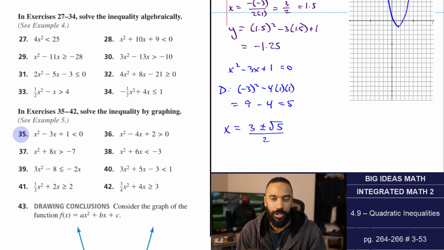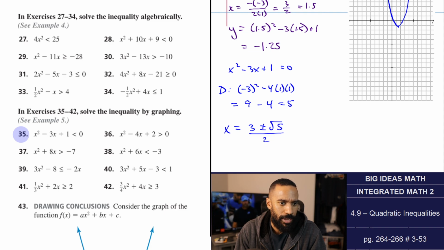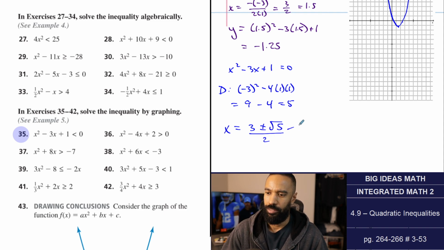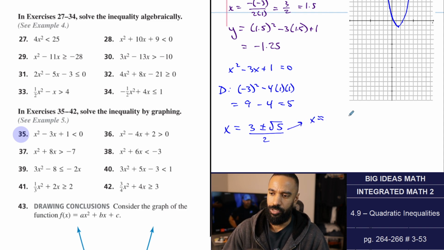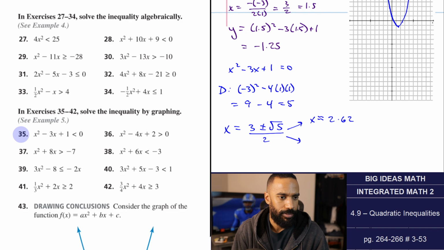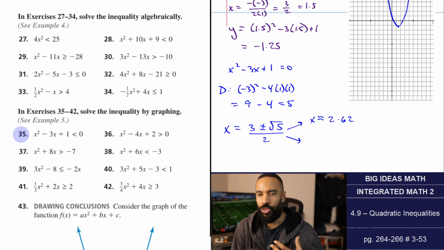It didn't take too long, but I do have to compute those. I'm doing this in my calculator right now: 3 plus root 5, divided by 2, is about 2.62, and 3 minus root 5, divided by 2, is about 0.38.